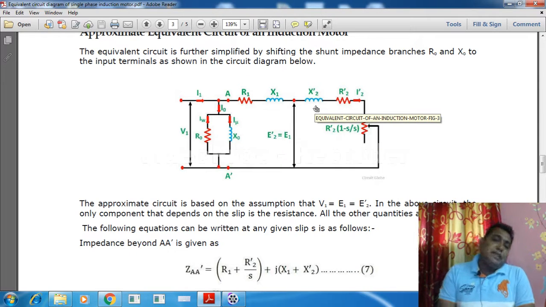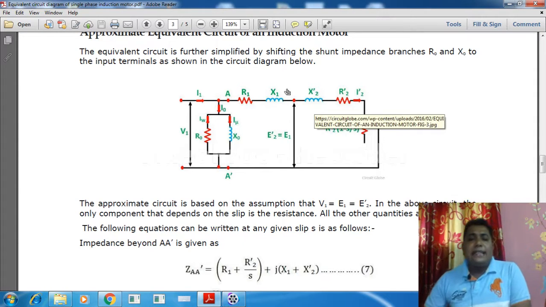The approximate circuit is based on the assumption that V1 is equal to E1, which is equal to E2 bar. In the above circuit, the only component that depends on the slip is the resistance. All the other quantities are constant.